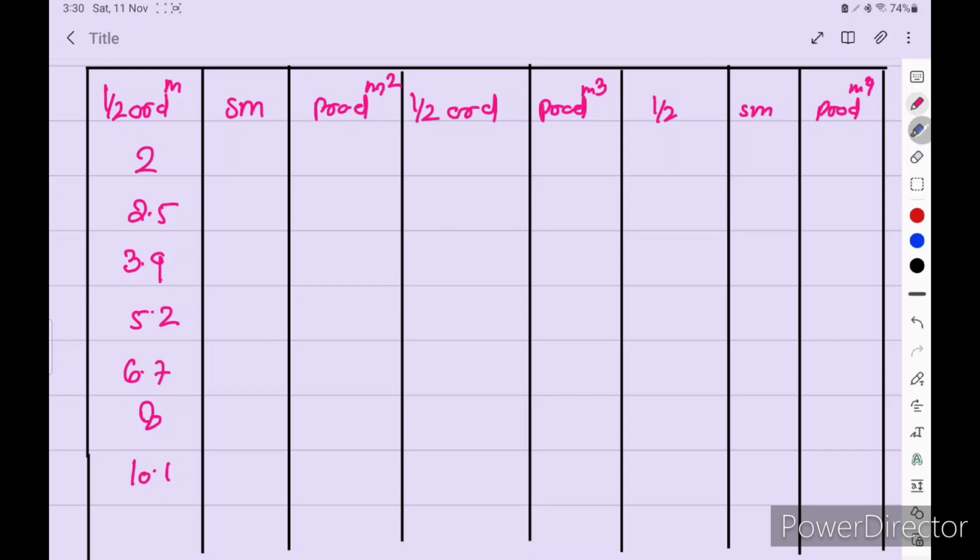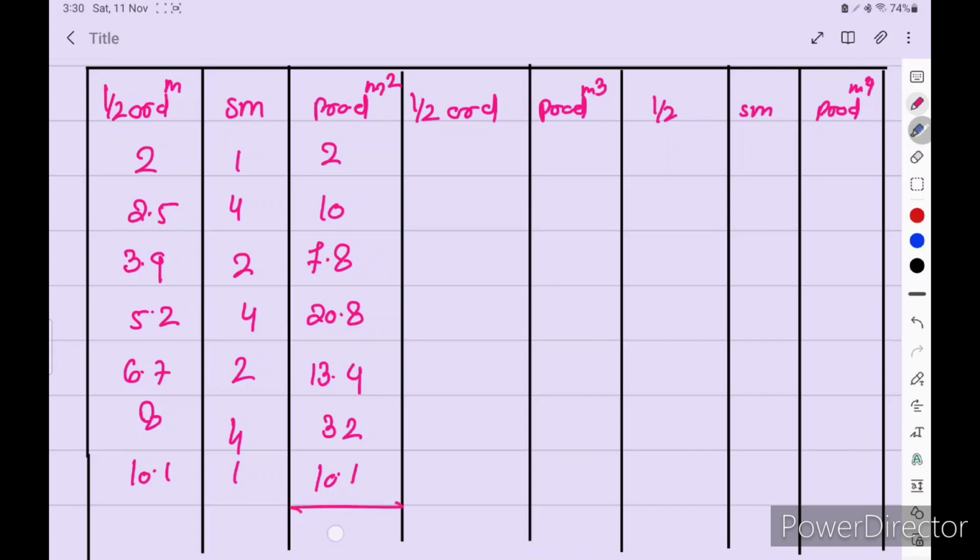So it's 7 ordinates; either we use rule number 1 or rule number 2. If both can be used, we always use rule number 1. So 1, 4, 2, 4, 2, 4, 1 multiplied: 2, 10, 7.8, 20.8, 13.4, 32, 10.1. Add and we get 96.1, SOP1.